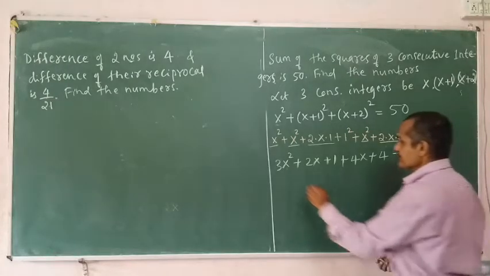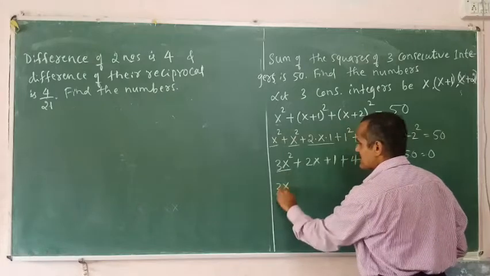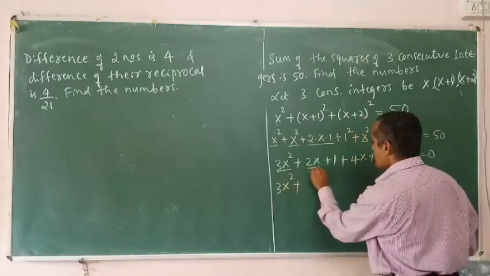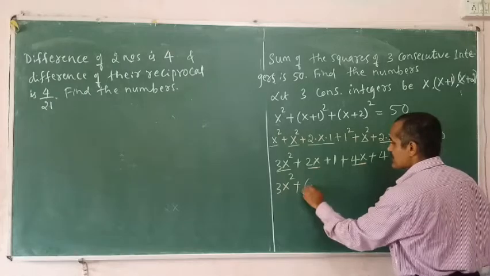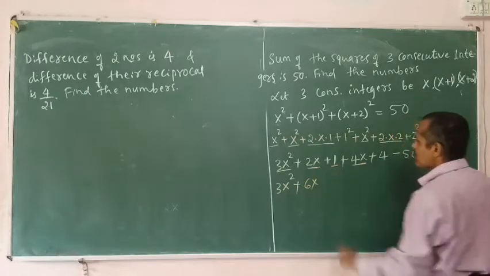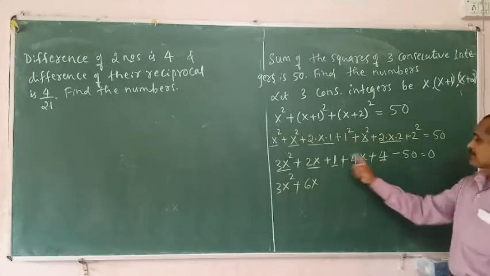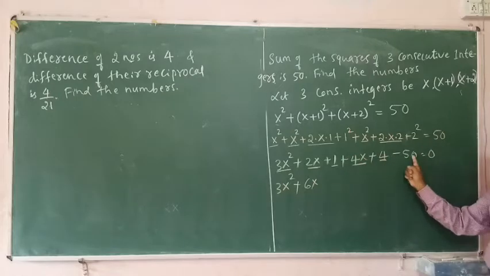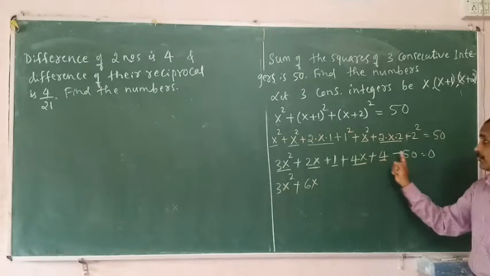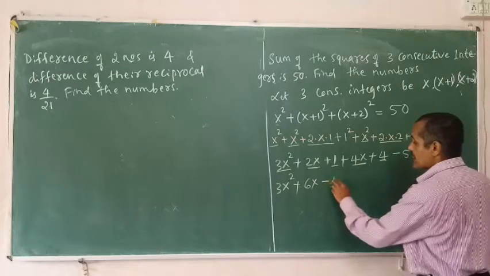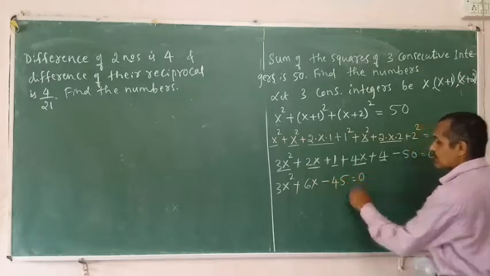This is 3x square. Plus this 2x and this 4x gives you 6x. Plus 1 plus 4 is plus 5. Plus 5 minus 50 gives you minus 45 is equal to 0.